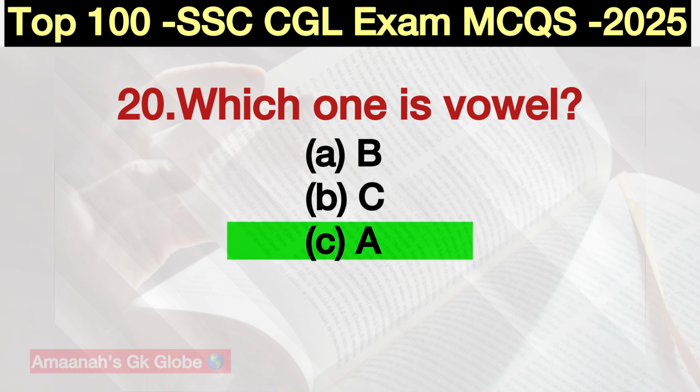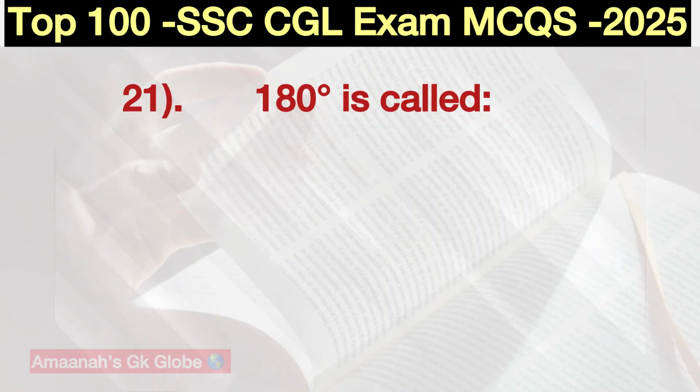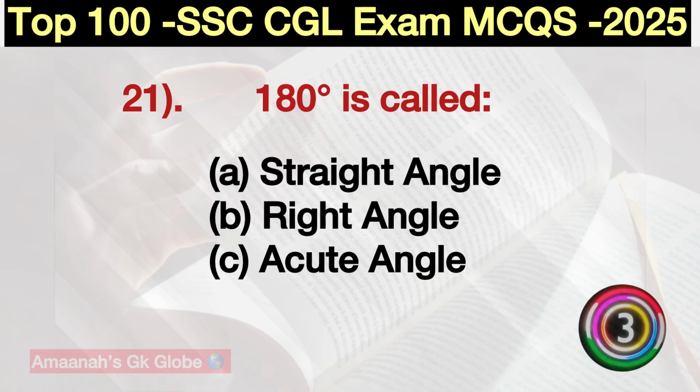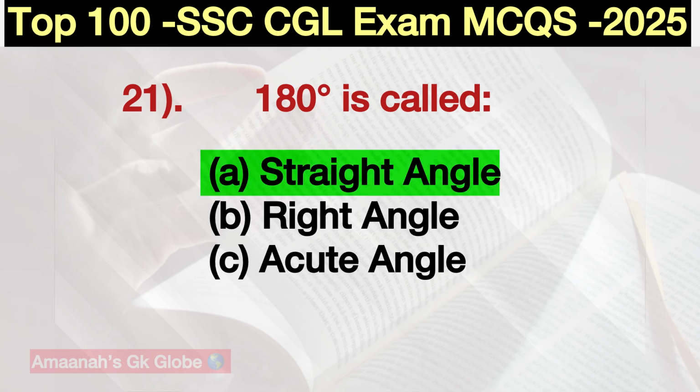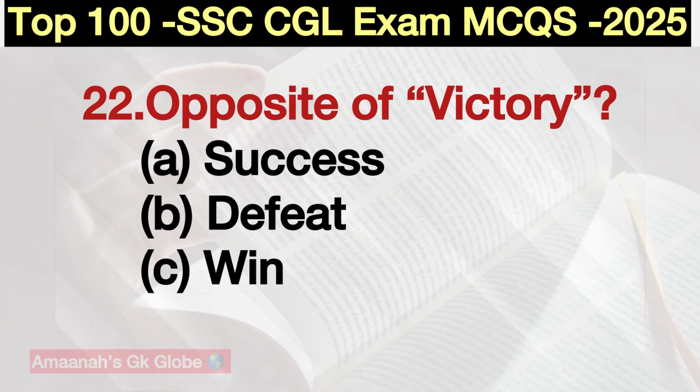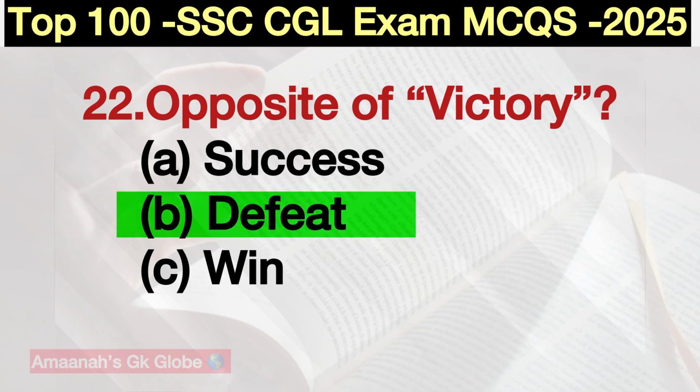Right answer is option C. Question number 21. 180 degree is called. Right answer is option A, straight angle. Next question is opposite of victory is. Option B, defeat.